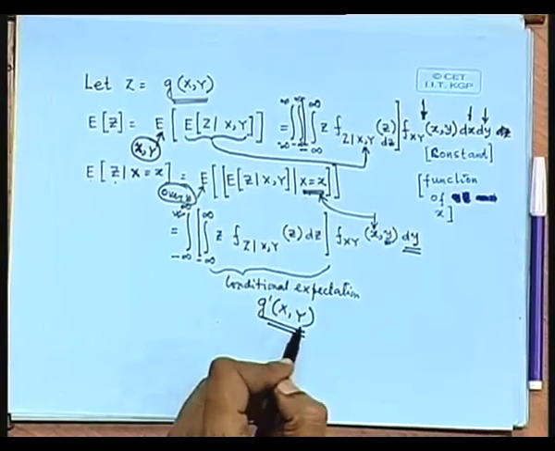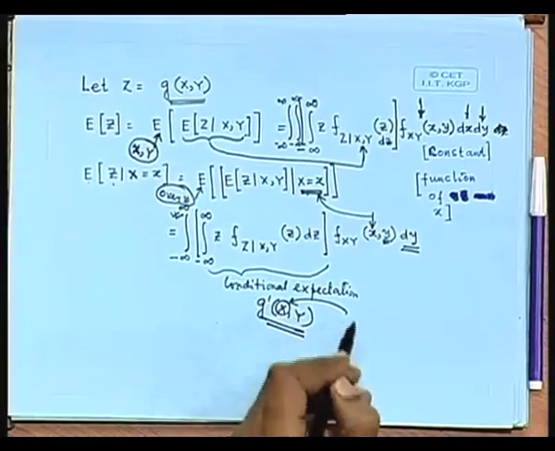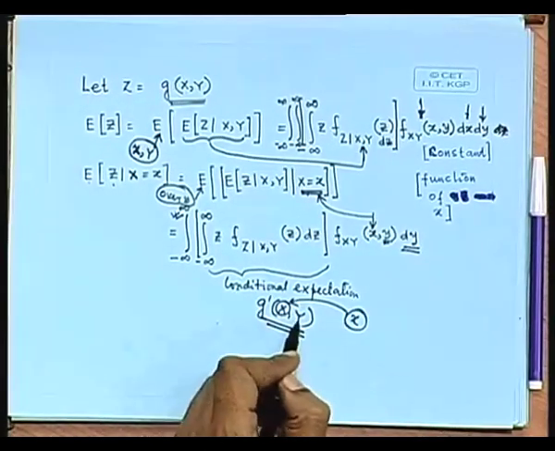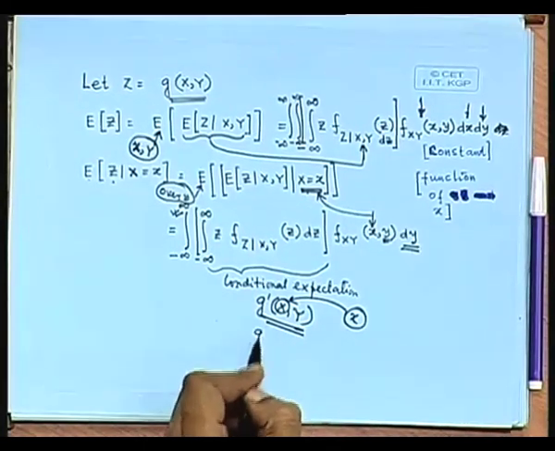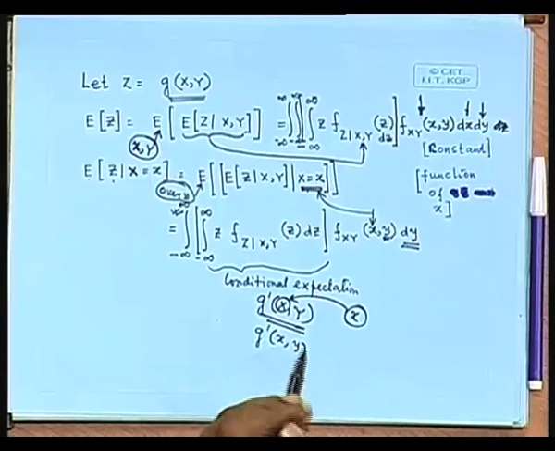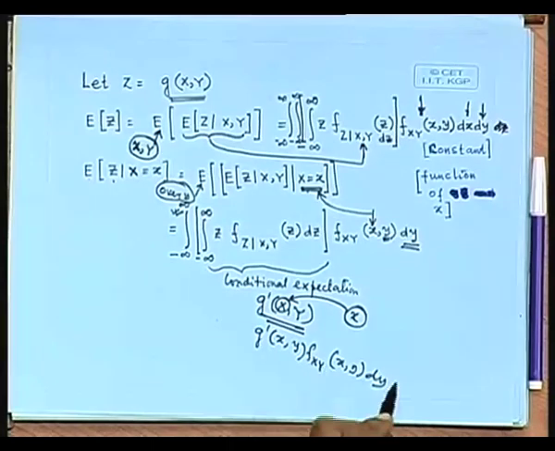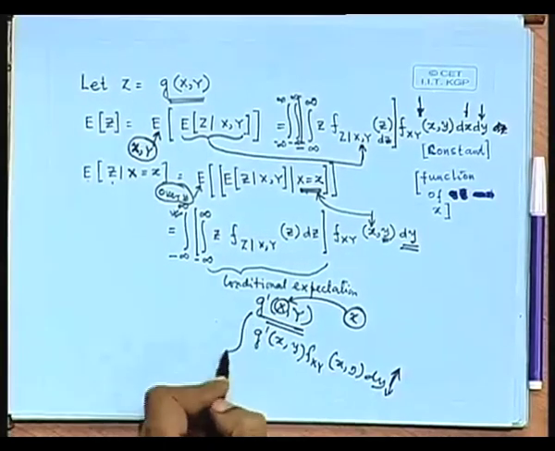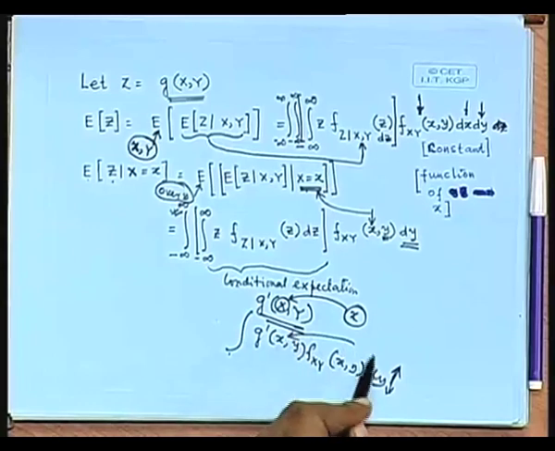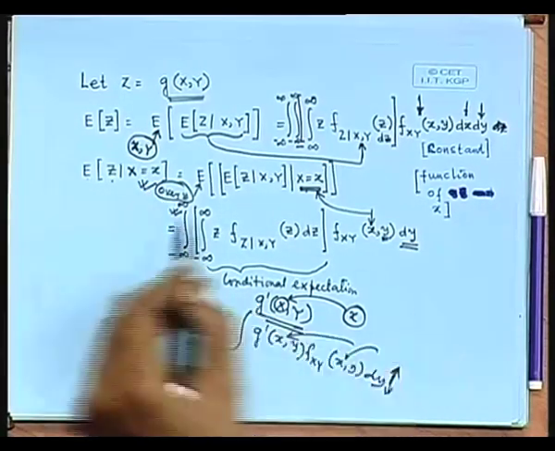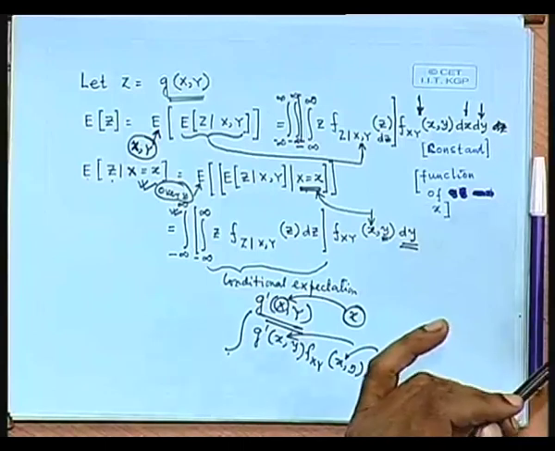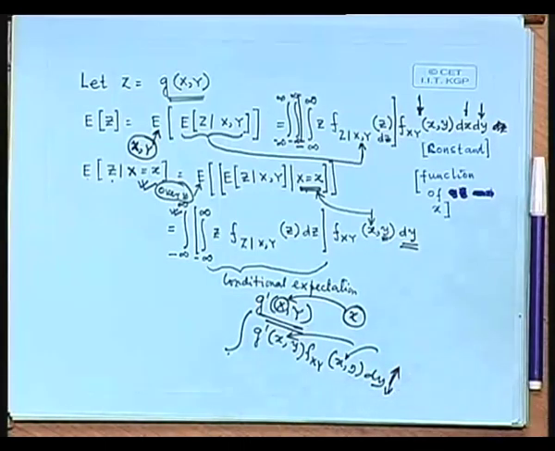We get a function of x and y, but for x we put the value small x, so it becomes a function of small y. So now you have g dashed of (x,y), f(x,y), and then dy. You vary y over the integral, keep x held at small x because that is given, and evaluate this integral. In this way you can evaluate conditional means conditioned on various kinds of facts which may be stated in terms of x and y.